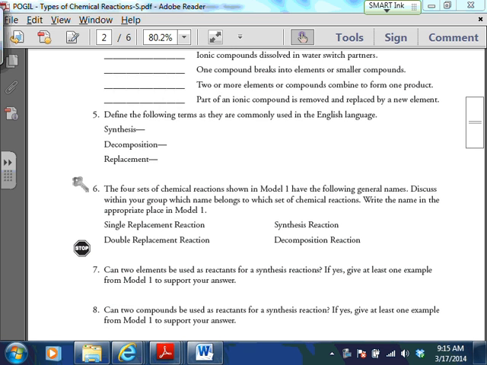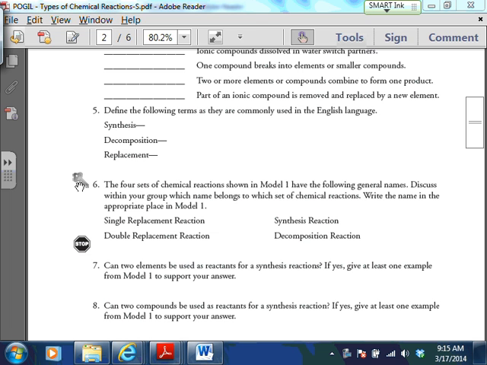All right? Now, replacement. When we define replacement, what does that mean? You can't use the word in the definition, though. That's cheating. I don't know why the online definition cheated. When you replace something, what are you doing?